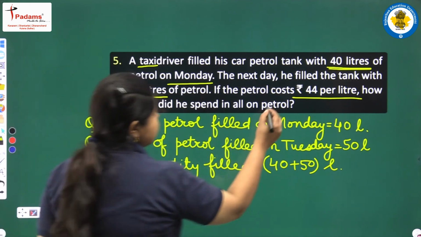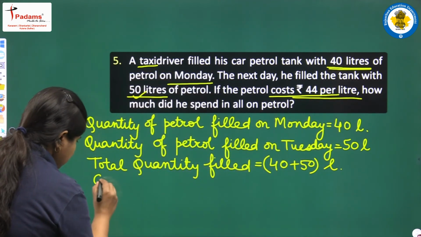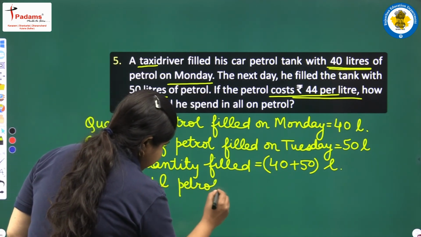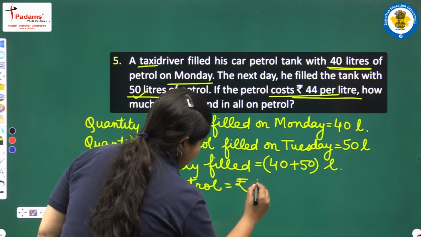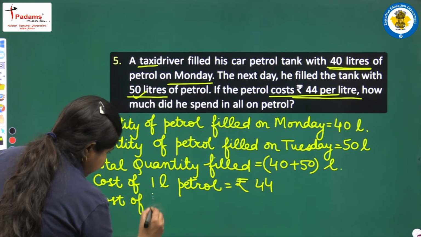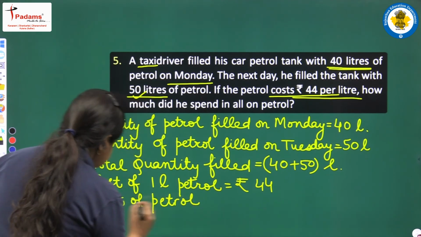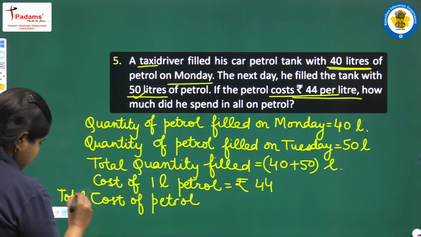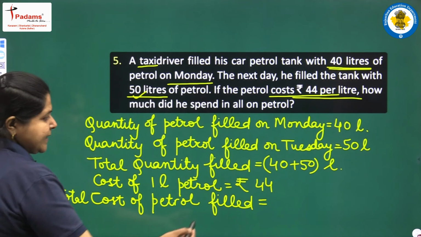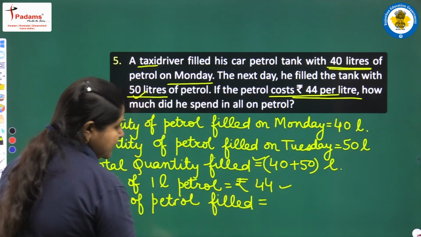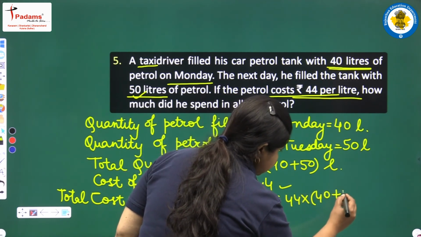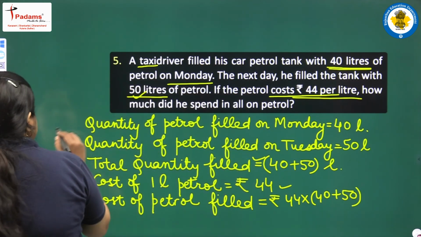Now we have been given the cost of petrol per liter, or in other words, cost of 1 liter petrol, it's rupees 44, and then cost of petrol filled, it's the total cost of petrol filled, it will be how much? We will multiply these two figures, this one and this one. So we get rupees 44 into 40 plus 50. Let me shift it upwards.